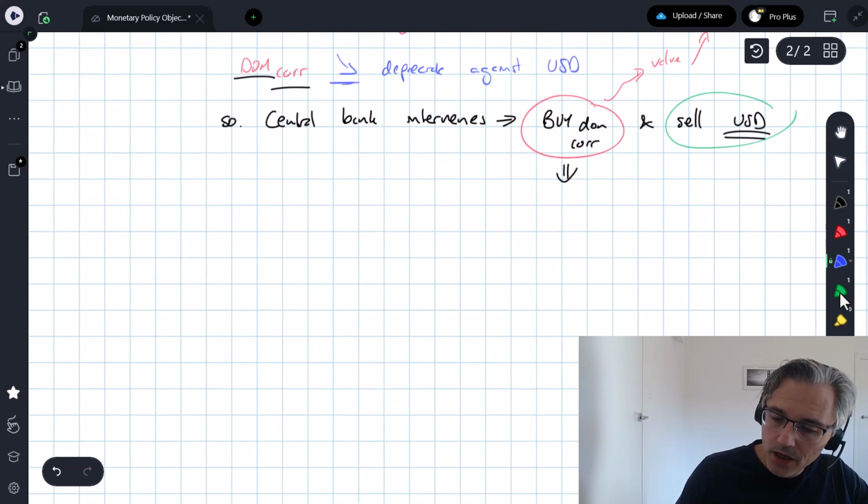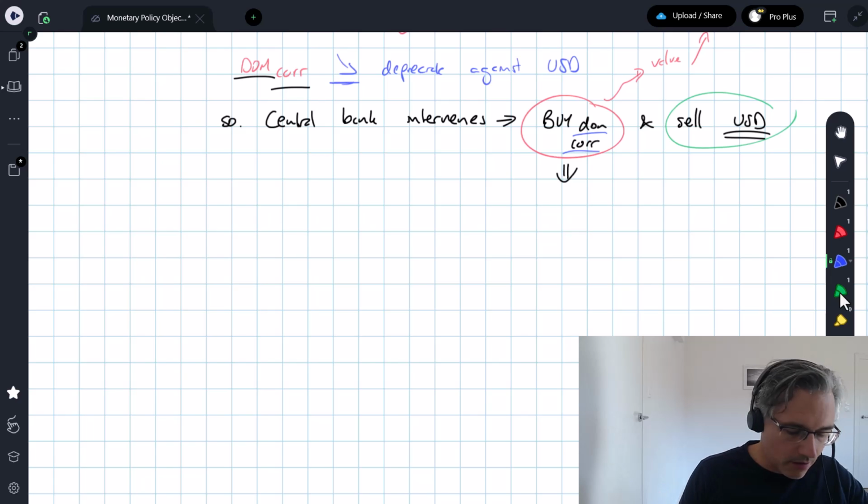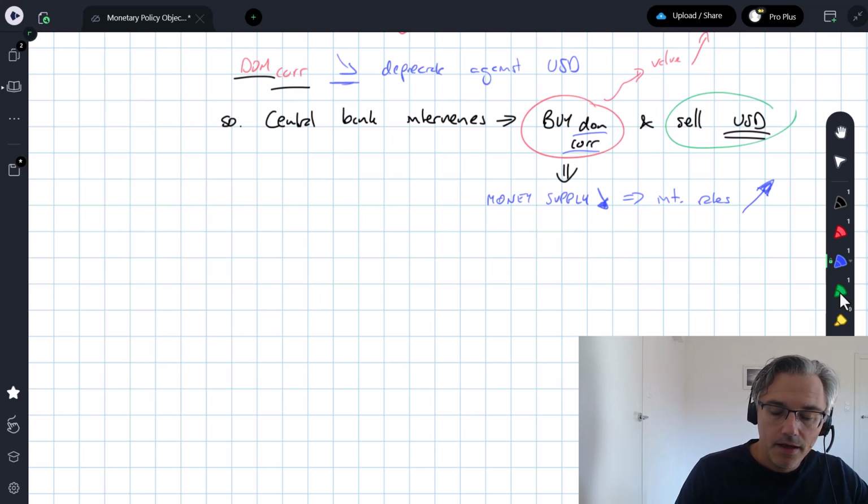By buying up domestic currency, you decrease the money supply in the economy. There is less money in the economy because it's been bought up by the central bank. And as a result, interest rates in the markets go up. Okay? Interest rates go up. This is classic monetary policy becoming tighter.